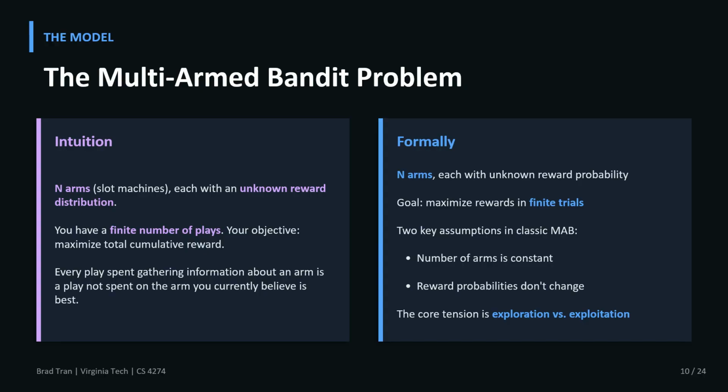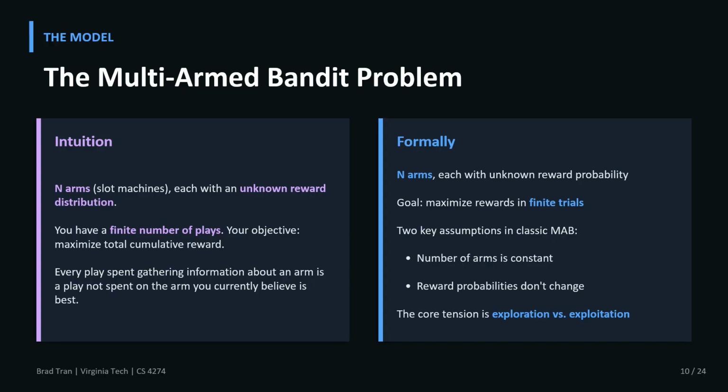The challenge is that you don't know which arms are best, so you need to spend some plays gathering information about each arm's payout rate. But every play you spend on information gathering is a play you're not spending on the arm you currently believe is the best. This is the classic exploration-exploitation trade-off.